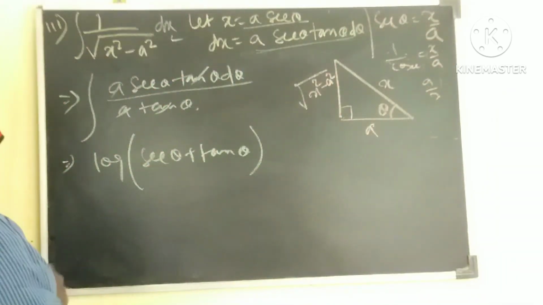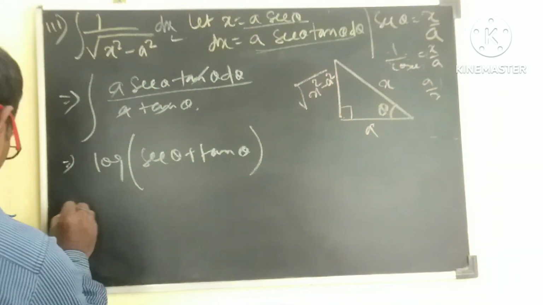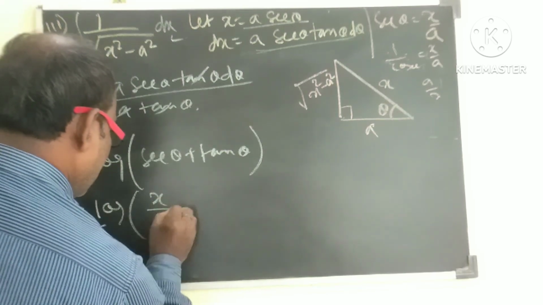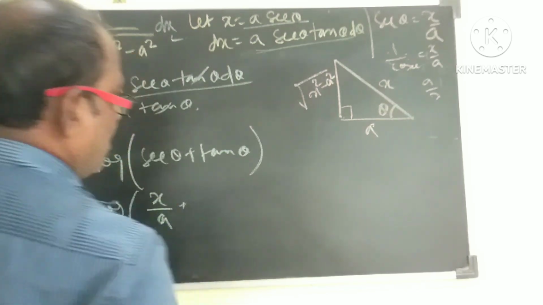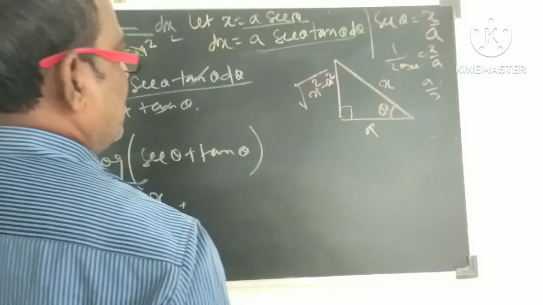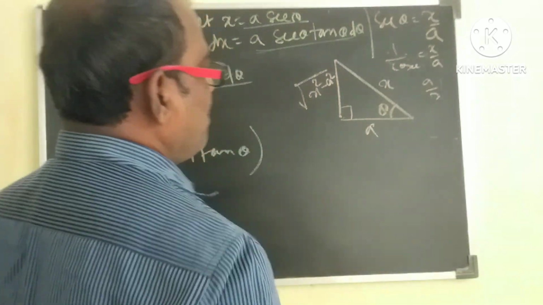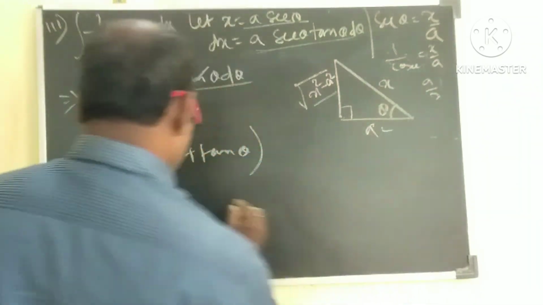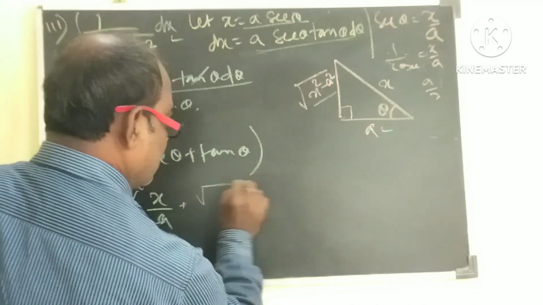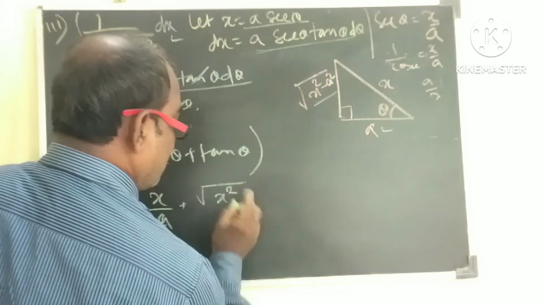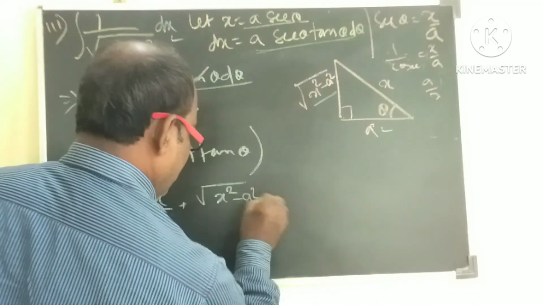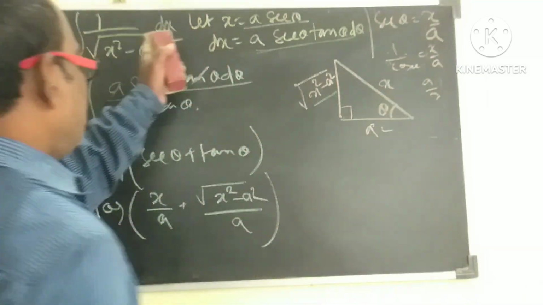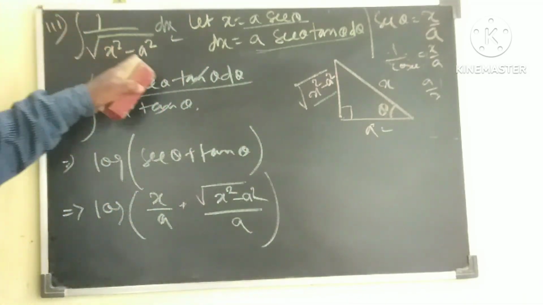So instead of secant theta we can write x by a, log x by a plus, what is tan theta? We know that tan theta is perpendicular by base. That means this by this, that is root over x square minus a square by a. In this way, you can get the value of this integration.